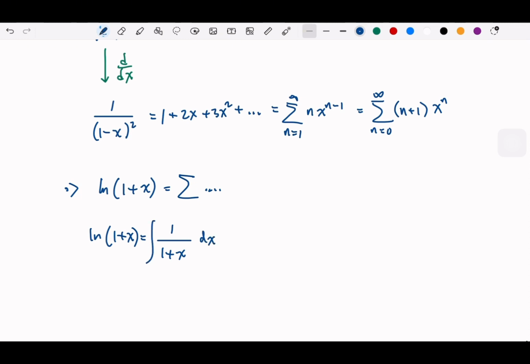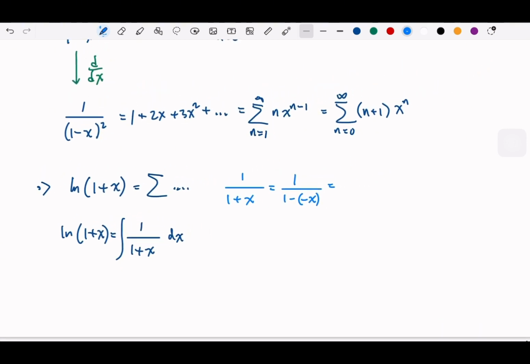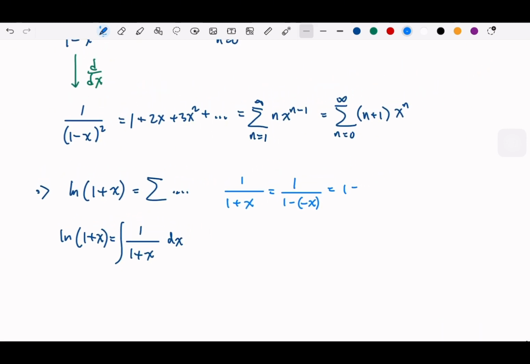Okay. So basically, remember that 1 over 1 plus x is going to be 1 minus x plus x squared minus x cubed and so on. Let me write here because I think it will be confusing. I will write again on the previous page. Right?